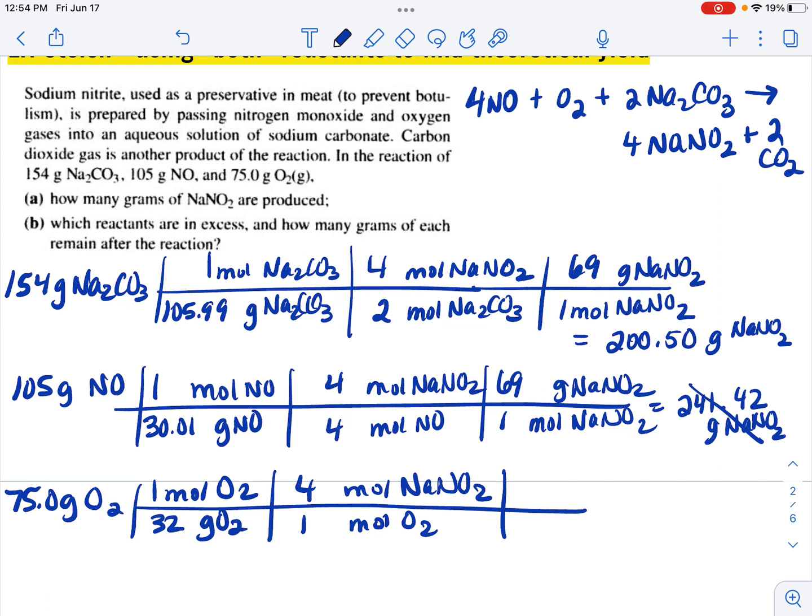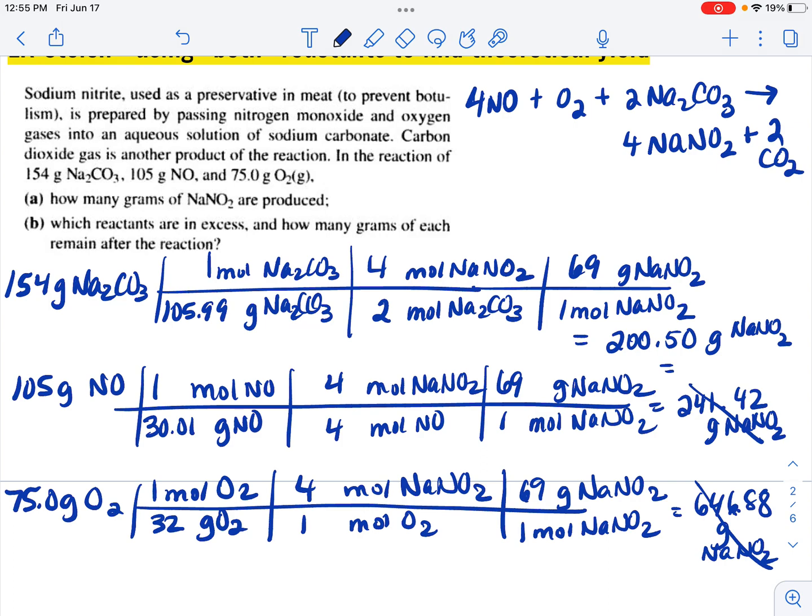And then back out again from moles, 1 mole of NaNO2 to grams of NaNO2, and that's the 69 grams, which would allow me to produce 646.88 grams of NaNO2, which is definitely way more than if I used all of my sodium carbonate, so this is also impossible. So my theoretical yield comes from this 200.50, which means that with 3 significant figures, this would be 200.50.